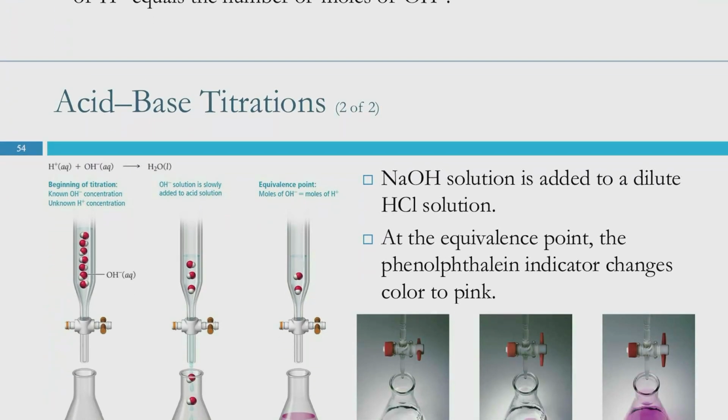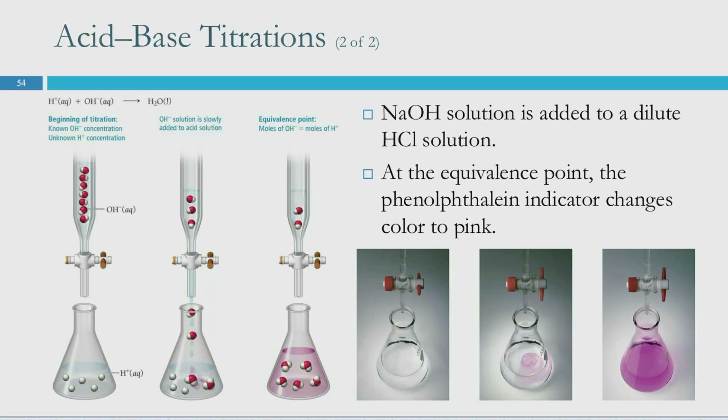Okay, so here's what an acid-base titration looks like. Typically, we're going to have the hydroxide, sodium hydroxide, potassium hydroxide, some other form of hydroxide, a base, in our burette. So we'll have our burette, use that to dispense and measure the amount of hydroxide that we add to a solution of a known acid.